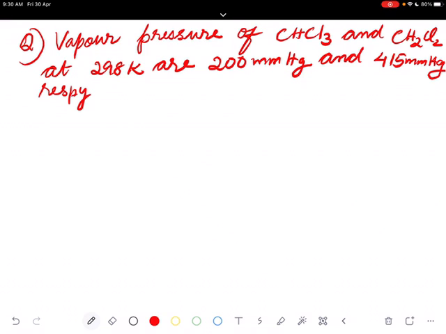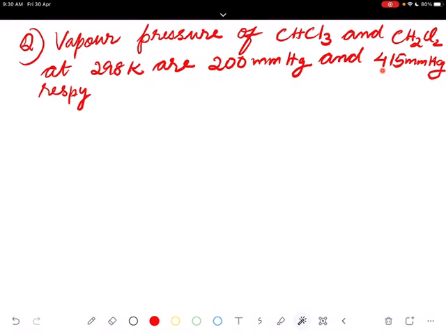Now in this case you can see that CH2Cl2 is lighter than CHCl3. That means this will be more in the vapor state, so its vapor pressure will be high. Pure CH2Cl2 component's vapor pressure will be higher.